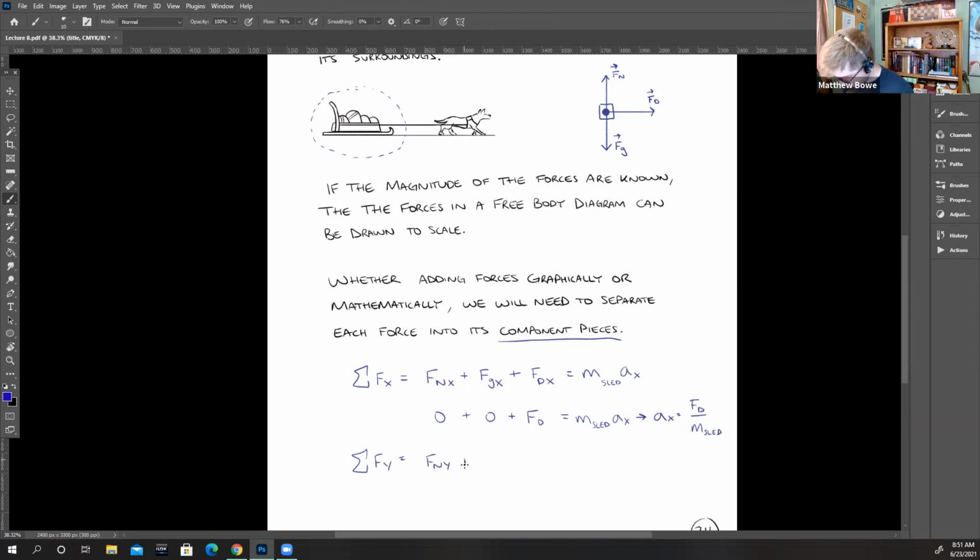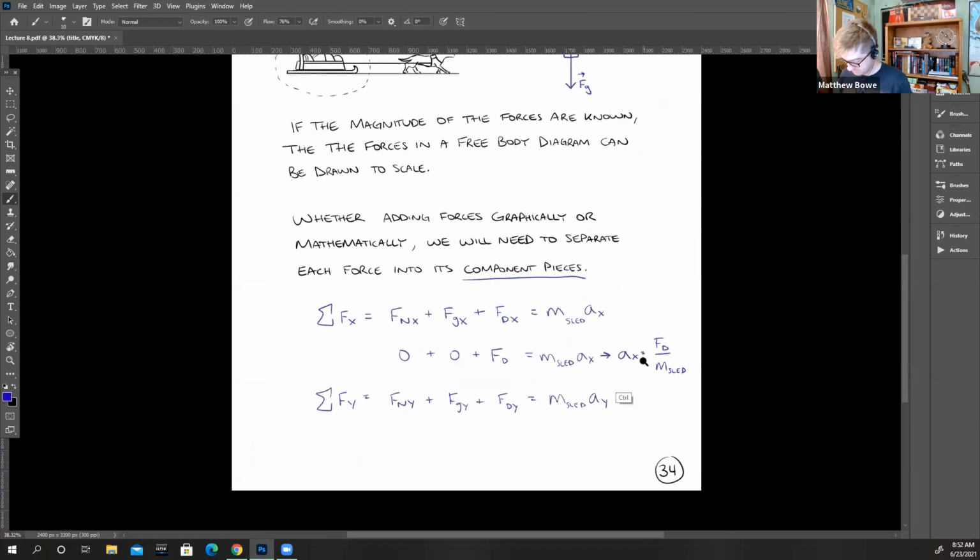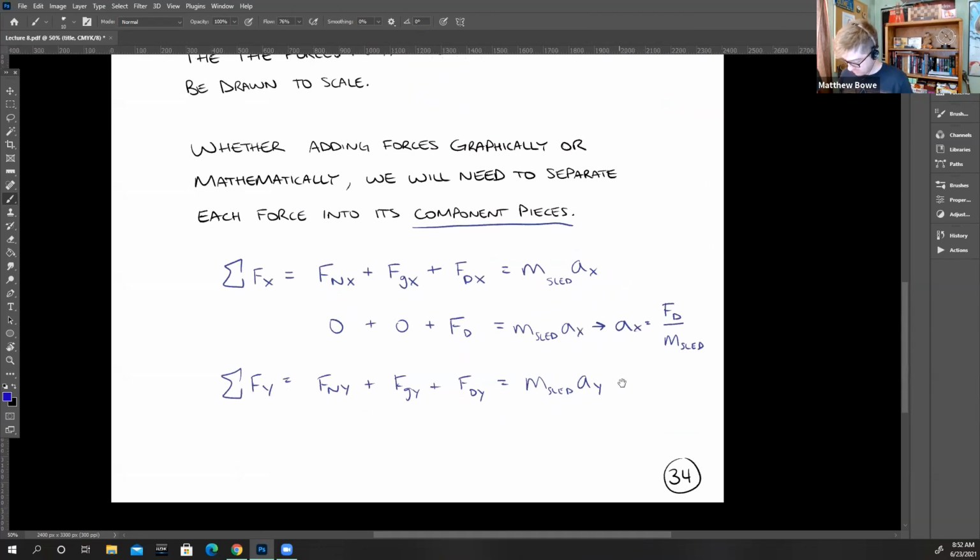So the vertical component of the normal force, the vertical component of the force due to gravity, the vertical components of the force that the dog supplies is equal to the mass of the sled times the acceleration in the y direction, or vertical direction. So I am going to have to move down here.